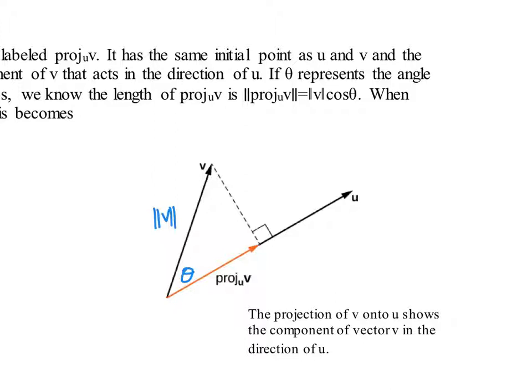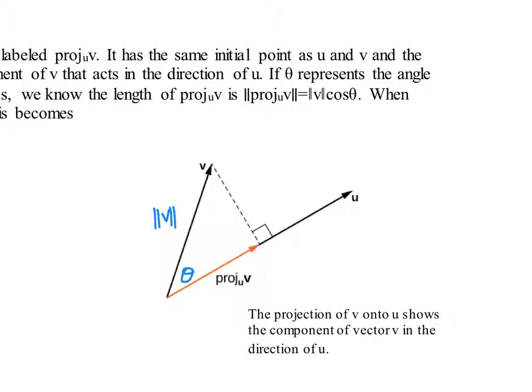So what we want to do is figure out, if I took the component of v that's acting in the direction of u, what would that look like? That would end up being some distance, because vector distance represents its magnitude. I don't know how long it is, so I just ballparked it, and then dropped an altitude, creating a right triangle.